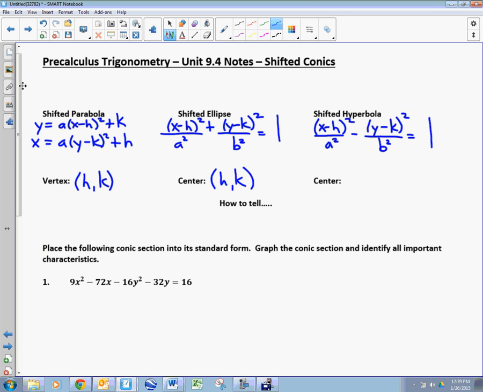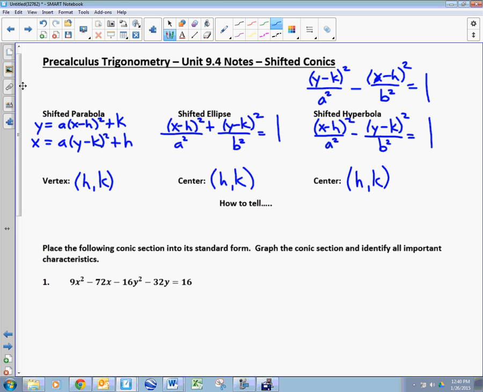They just switch the x and the y in each of these situations. What do you think the center is here? So another way to write this is a horizontal hyperbola. A way to write the vertical one would be like this. So if y is positive, then it's vertical. If x is negative, again, vertical.